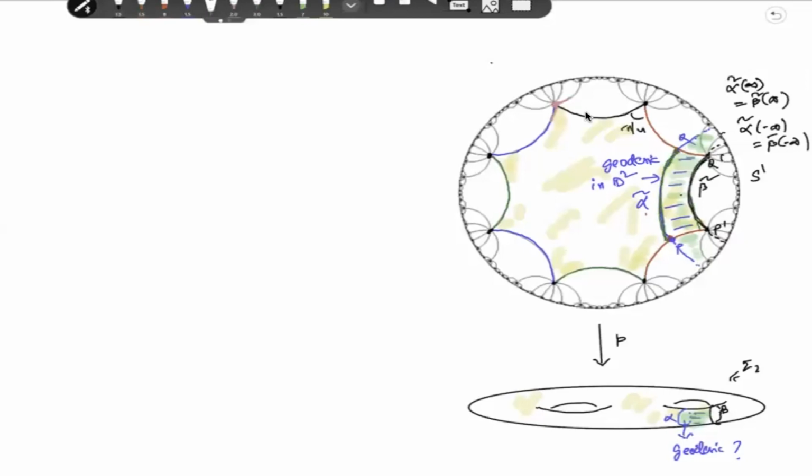Now if I project it to the surface, this alpha is not a closed geodesic, but this beta will be a closed geodesic.